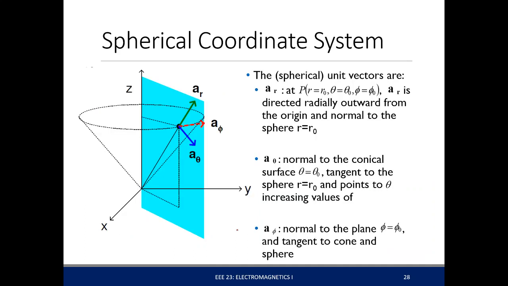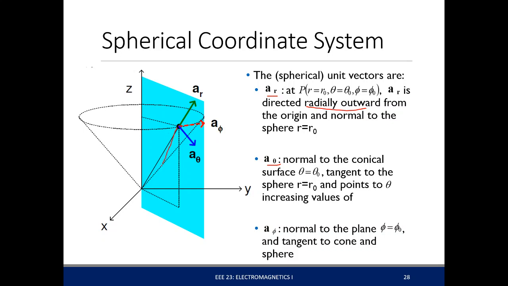Okay, so the unit vectors are actually dependent on each point in space. Again, the direction of a_r is always radially outward from the origin. A theta is tangent to the sphere when you draw the circle from z.